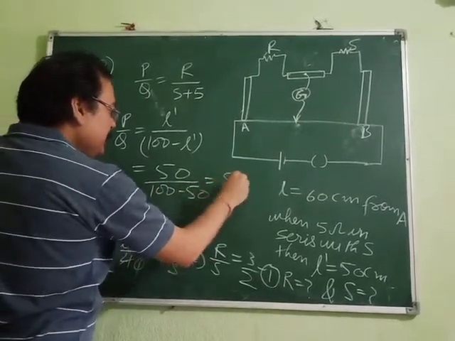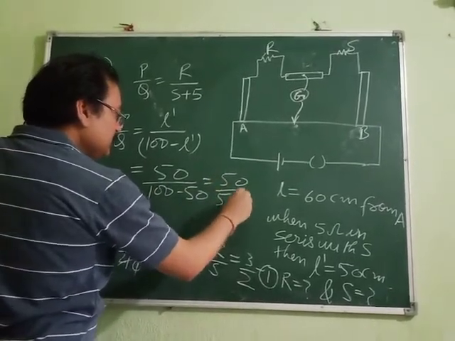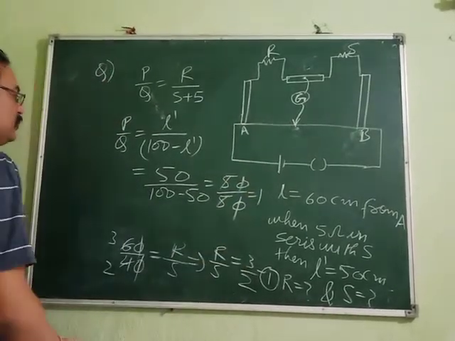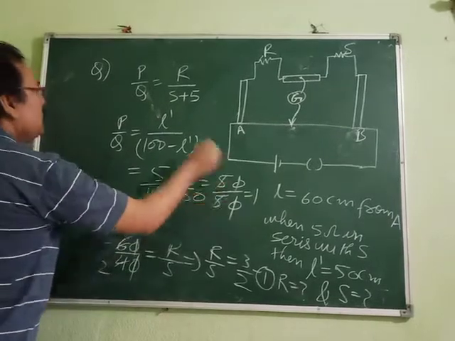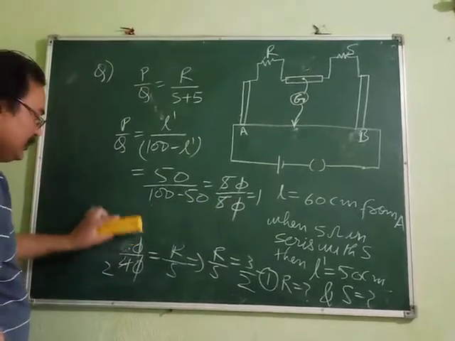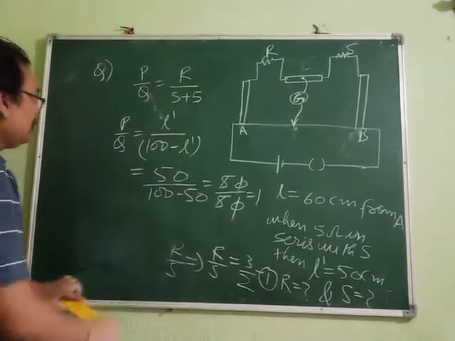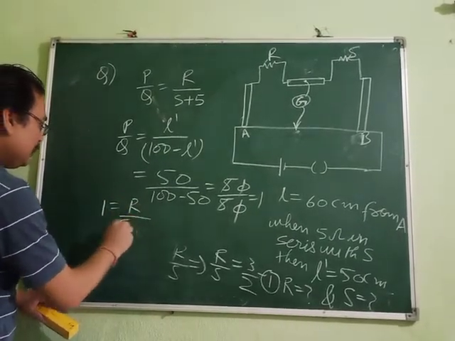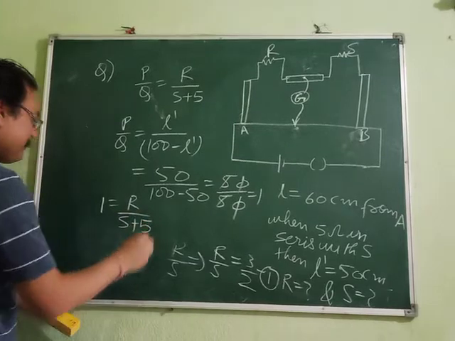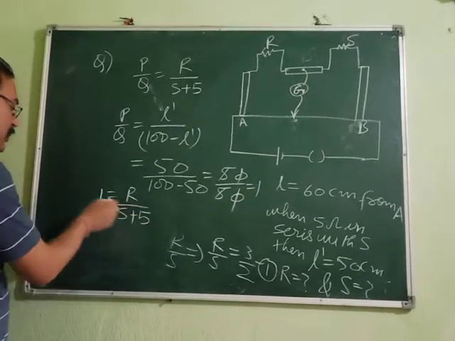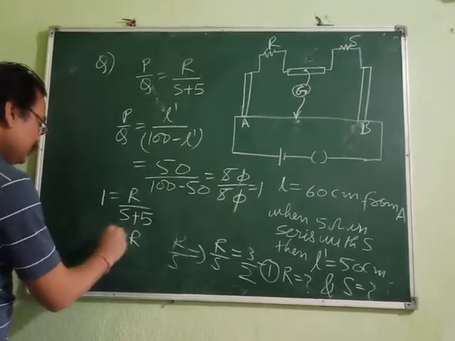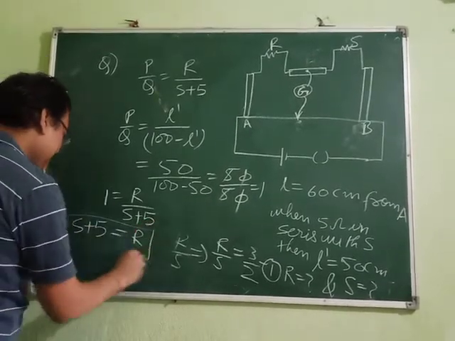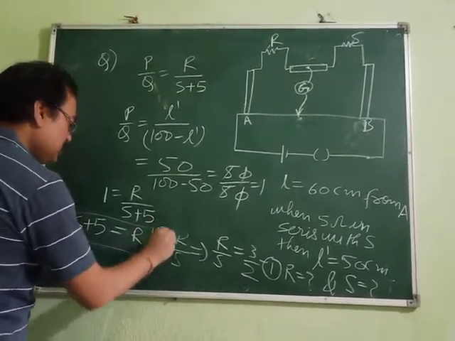That gives 50 by 50, that is 1. You can put this value 1 here. So you will get 1 is equal to R by S plus 5. From here you get R is equal to S plus 5. This is our equation 2.